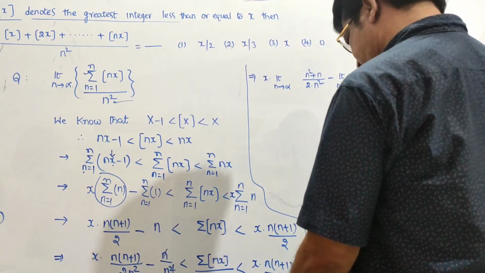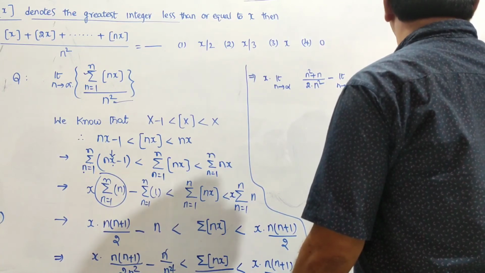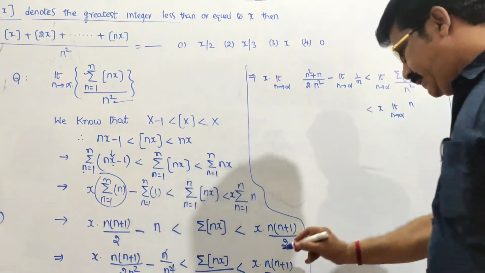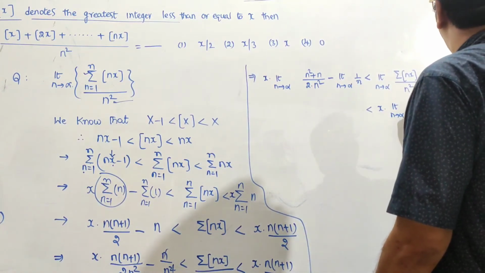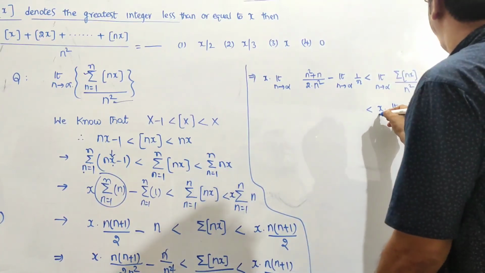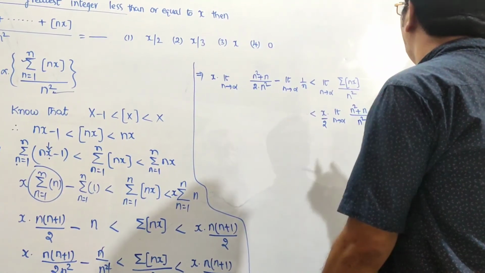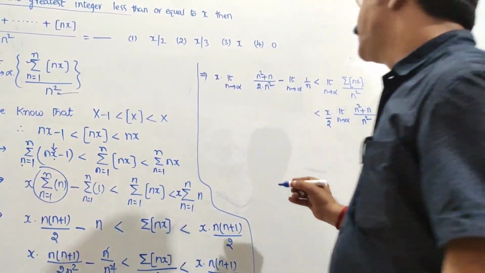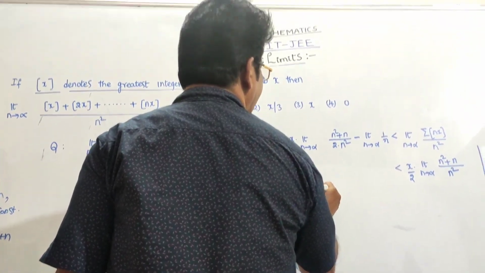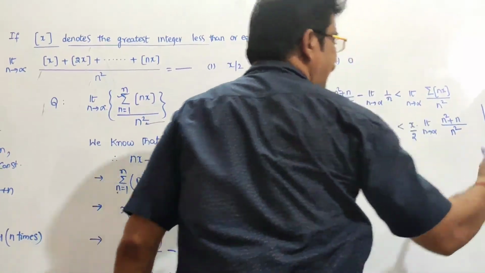is less than x into limit n tends to infinity n into n square plus n divided by 2. 2 is also a pure constant with respect to n divided by n square. So that implies x into, okay, already I said this is shortcut.